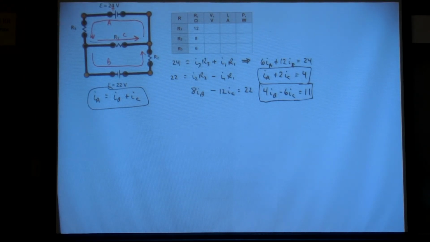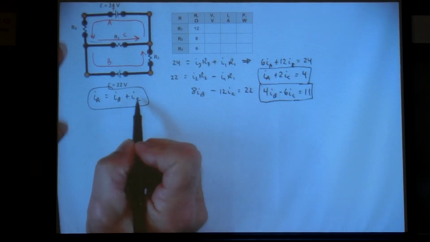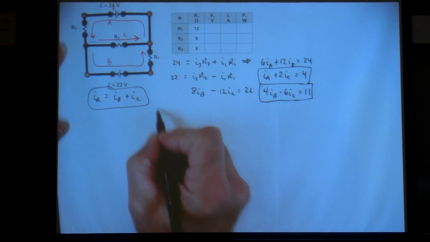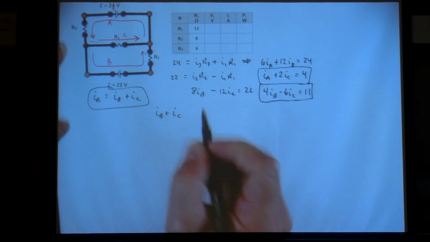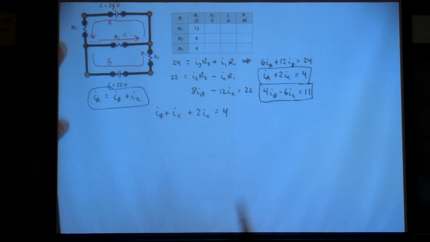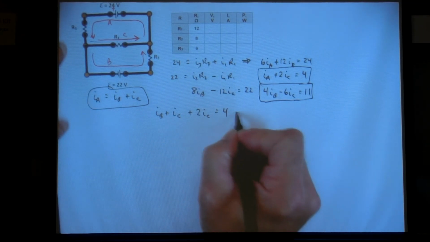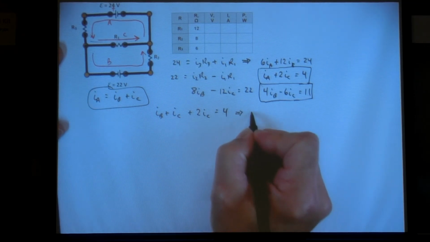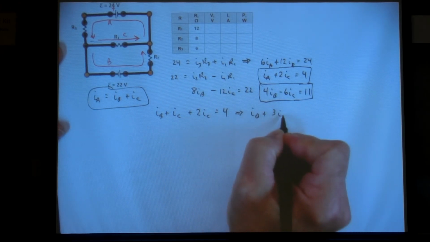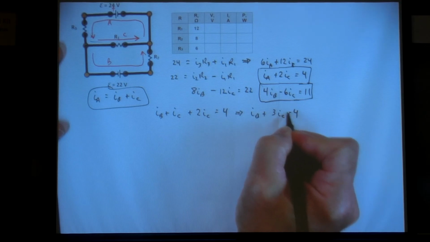So we go about solving this the same way we did the other. IA is IB plus IC, so I can substitute IB plus IC plus 2IC equals 4. So that gives me IB plus 3IC equals 4.